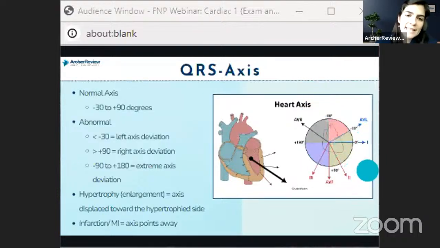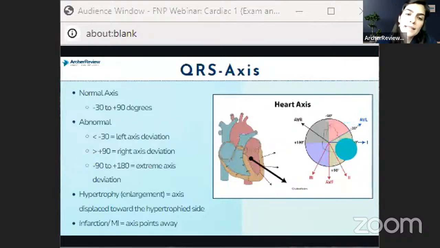So normal axis is going to be between negative 30 degrees and positive 90 degrees. The axis is always pointing slightly to the left. When you're looking at lead 1, if it's positive, it's going to be on this side. And say it's positive in aVF as well, it falls somewhere in that normal axis.